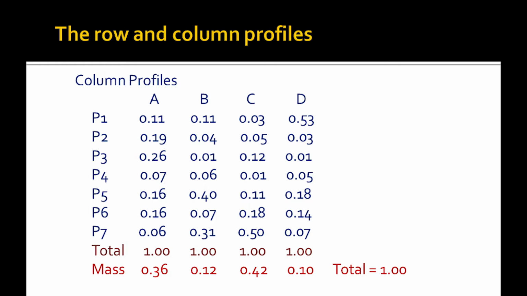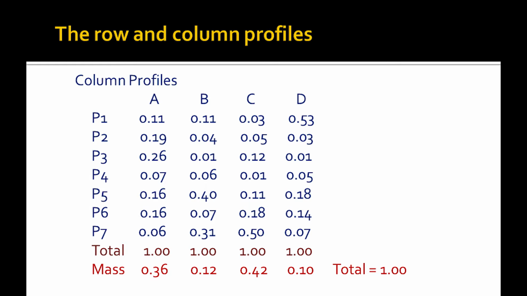Only 3% are of type P2, 1% of type P3, 5% of type P4, 18% of type P5, 14% of type 6, and only 7% of type 7. So this is the type of potteries that we find in D.